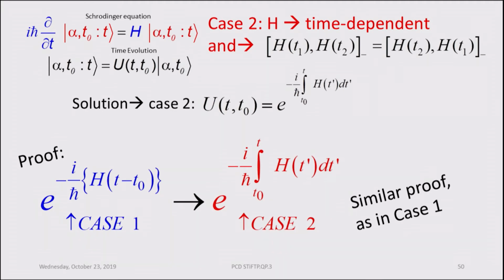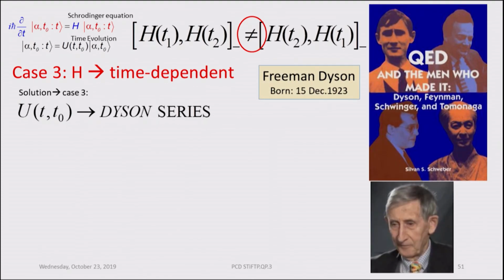Okay? In the third case it is somewhat complicated, and this is where you get the Dyson series solution. Freeman Dyson is one of the persons who contributed to the development of quantum electrodynamics, along with Schwinger, Tomonaga, and Richard Feynman, of course, right.